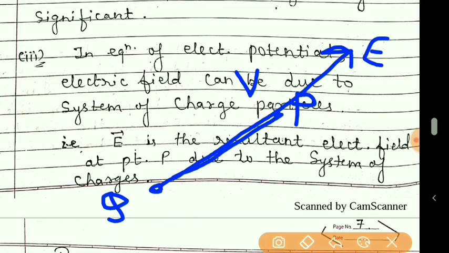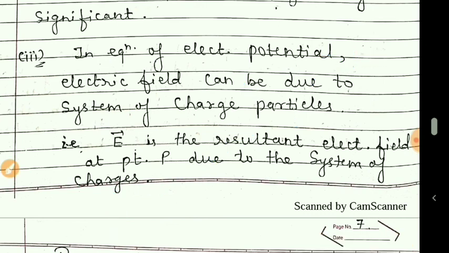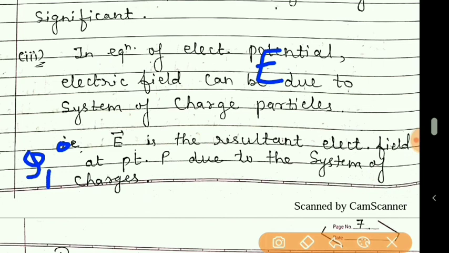But here this point says that the electric field E can be due to many charged particles. Suppose there is a charged particle Q1, there is another charge Q2, there is another charge Q3, and so on.